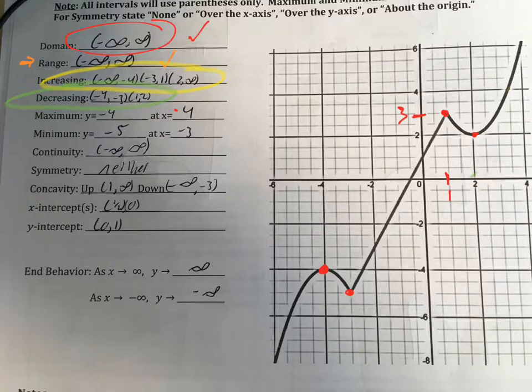So you could also say 3 at -1. Actually, no. Y value of 3 at x is -1. So the point would be -1, 3. So that would be another relative maximum. Make sense? Yep.